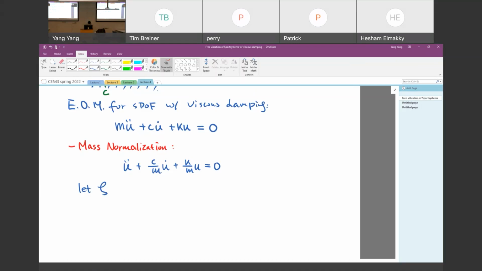Theta is equal to C over, and this is called the damping ratio.